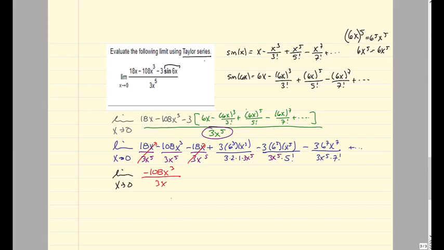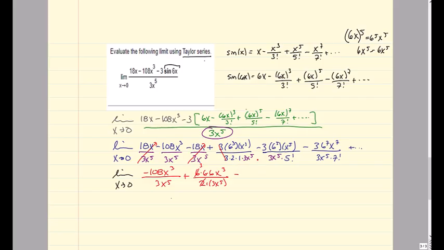All over 3x to the 5th plus, then I'm going to have these 3's cancel, and then I have 6 times 6 times 6 is 6 cubed, and in the denominator I have 2 times 3x to the 5th. So if I cancel the 2 into the 6, I get a 3. And I'm just going to leave the x's as is for now.